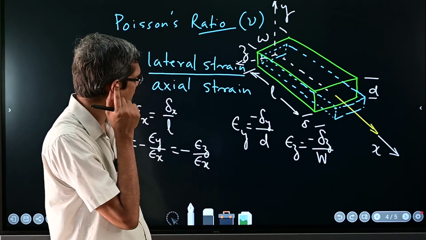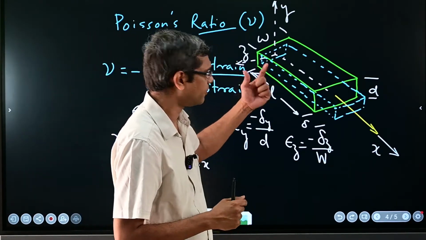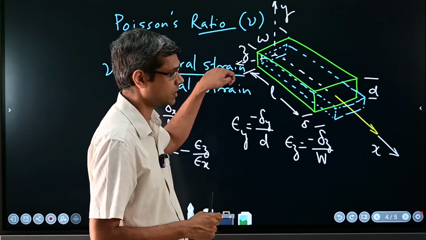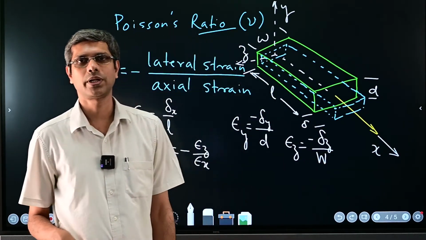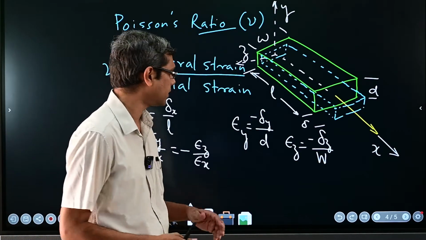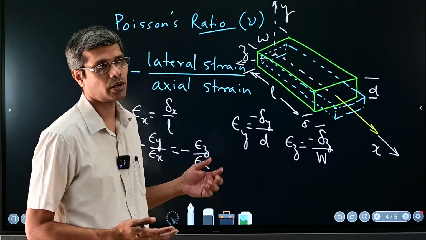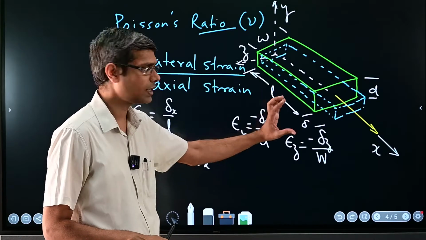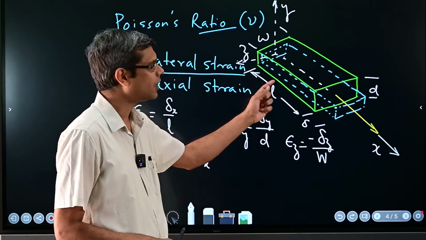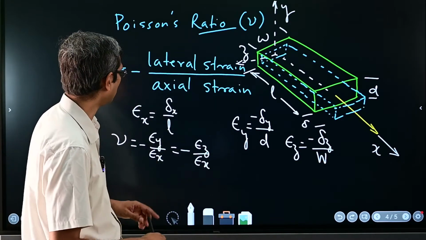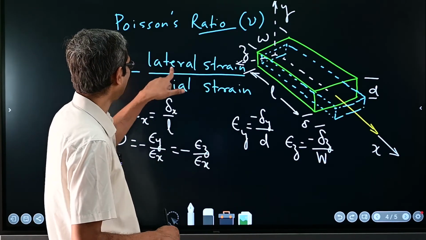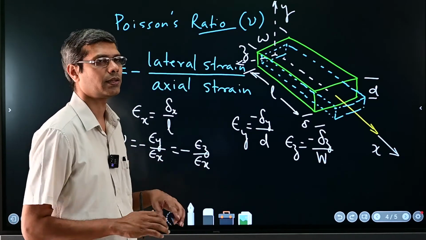Okay, otherwise what will be a confusion is, suppose I apply force in the z direction, what will be the amount of contraction that will happen in my x direction. So again, it doesn't depend on the orientation. You can think that okay, this is my actual x, so this will be my lateral direction, so again the nu will be the same. So this is a much more valid way of thinking, lateral to axial.